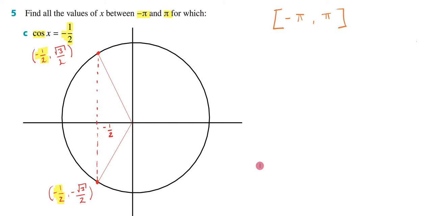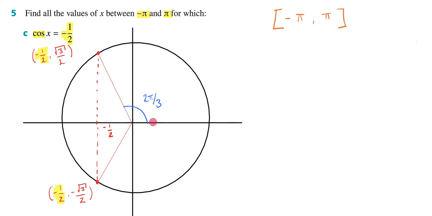Now, many of us are going to be tempted to go, all right, well, from here to here, I've memorized my unit circle, and I know that this value is going to be 2 pi on 3.